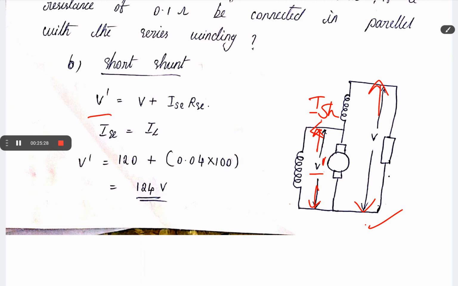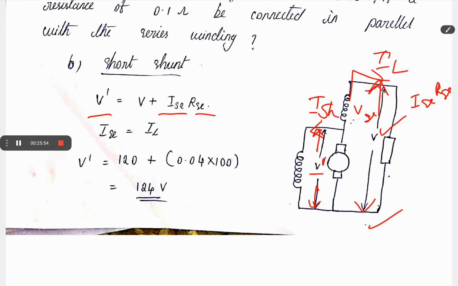So what is the voltage across the shunt field winding? It is the terminal voltage plus the voltage across the series field winding. And what is the voltage across the series field winding? Current in the series field winding times the resistance of the series field winding. I series is the same as the load current.